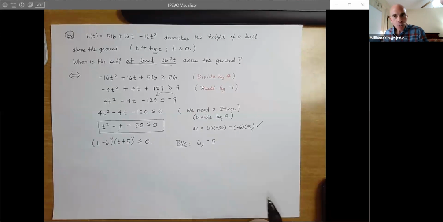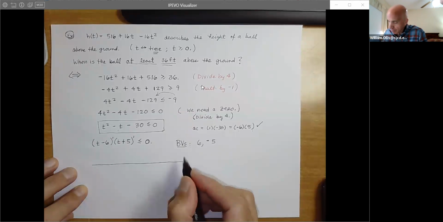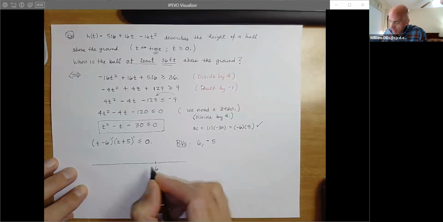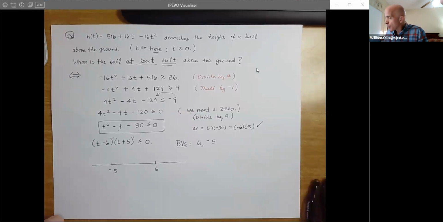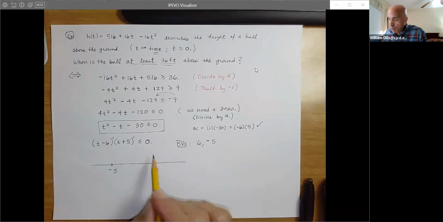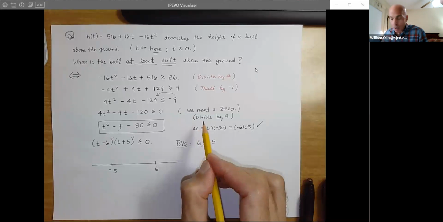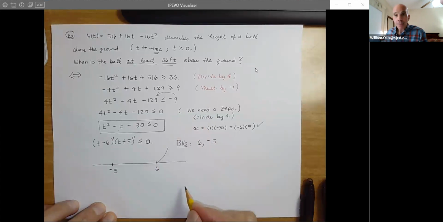Now let's just look at this as a number line. So we have 6 and we have -5. Now, another thing, we can do the test point, and I'm going to do that, but since this is just a simple polynomial, we know that when t becomes arbitrarily large, the values are positive.